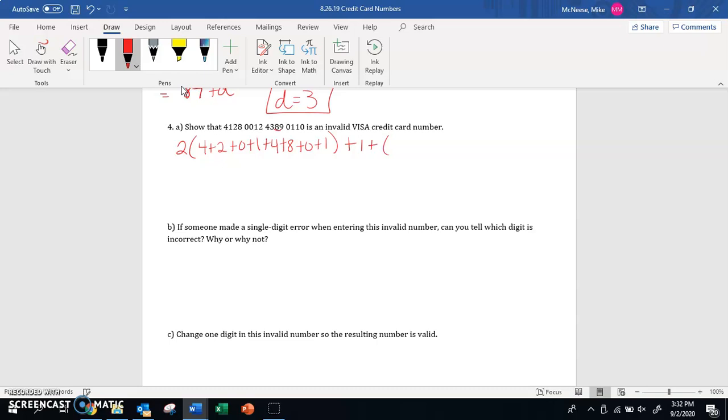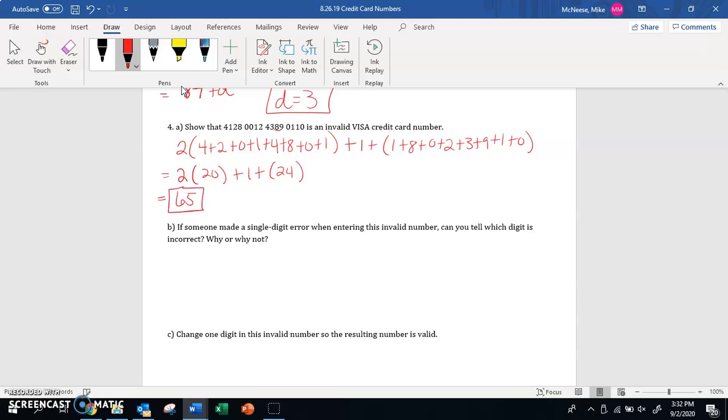And then the last part, add up all my even digits. So I'm going to have 1 plus 8 plus 0 plus 2 plus 3 plus 9 plus 1 plus 0. So this will equal 2 times 20 plus 1 plus 24, which all should equal 65.